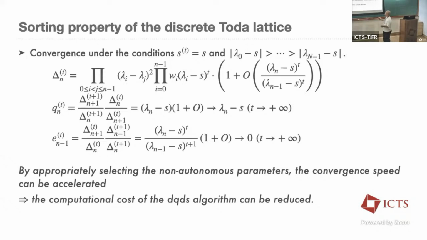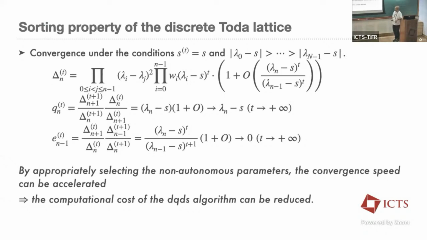And if s_t is taken as s, then we just consider this order, and then this Hankel determinant will have this asymptotic behavior, and then finally q_{n,t} will give us this term, and e_n should converge to 0, and we will establish some sorting property for the non-autonomous discrete Toda lattice.